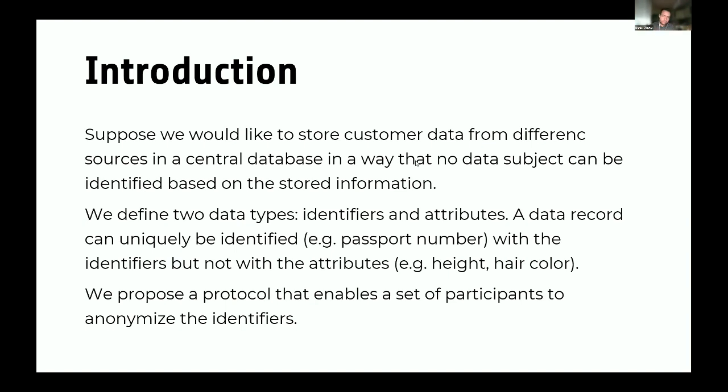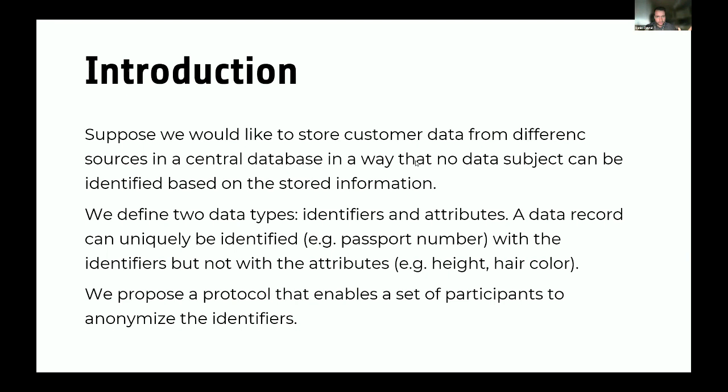We call the data type identifier if a data record is uniquely identifiable with it, like a passport number or ID card number, or, for example, a name and the address together. So these are the identifiers.